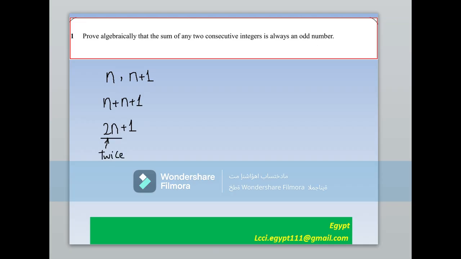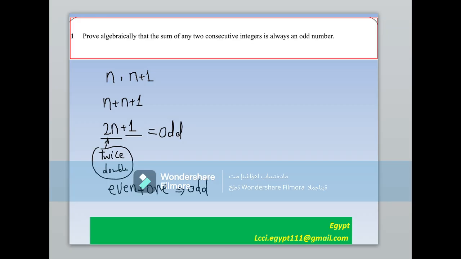Twice a number or double a number is of course an even number, but when you add 1 to the even, the answer will be odd. Of course the answer will be an odd number.